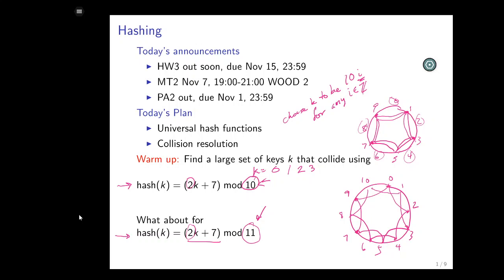So actually, the real advantage to this hash function is that it's using all of the slots in the table, whereas this hash function uses only half of the slots in the table. It's like that dice game we were playing before, where everything that we were hashing was to an even number. So the good thing about this one is that it uses all available slots.